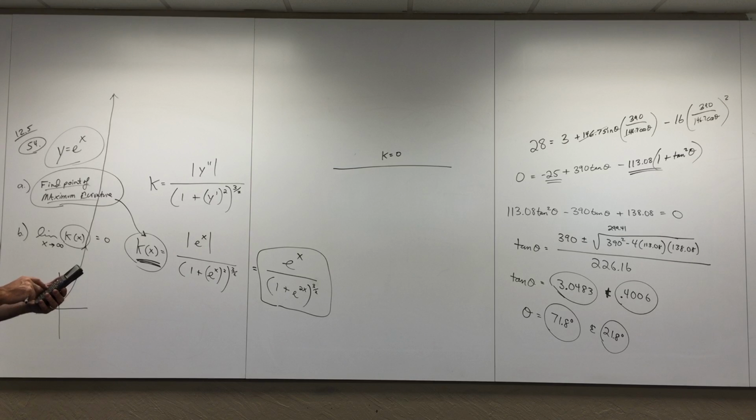I'm going to type in e to the x. Try it for the third time, e to the x divided by, parentheses are important down here, 1 plus e to the 2x, all to the 3 halves.